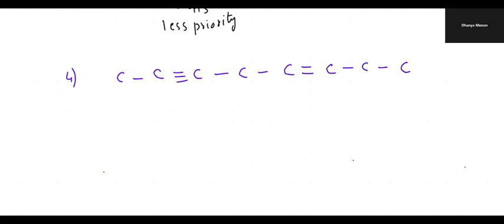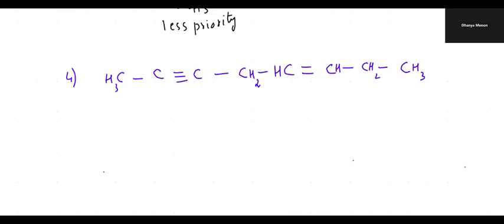Filling it with hydrogen. 1 valency satisfied, 3 more required. Here all the 4 valencies are satisfied. Here all the 4 valencies are satisfied. Here 2 valencies satisfied, 2 more needed. 3 valencies satisfied, 1 more needed. 3 valencies satisfied, 1 more needed. 2 valencies satisfied, 2 more needed. 1 valency satisfied, 3 more needed. Okay.